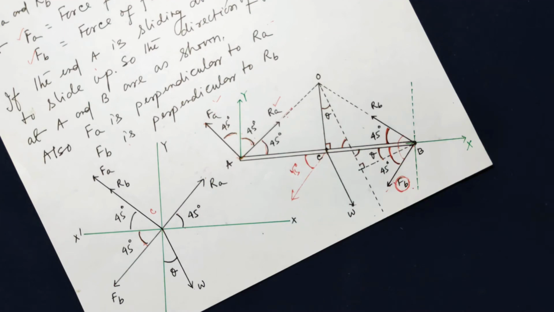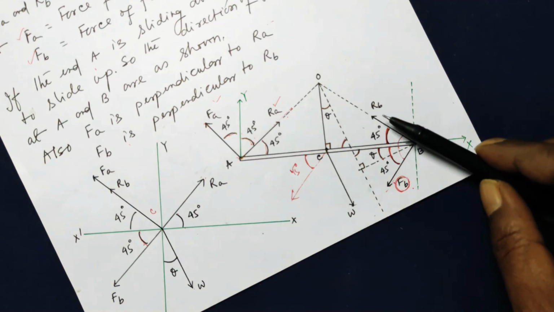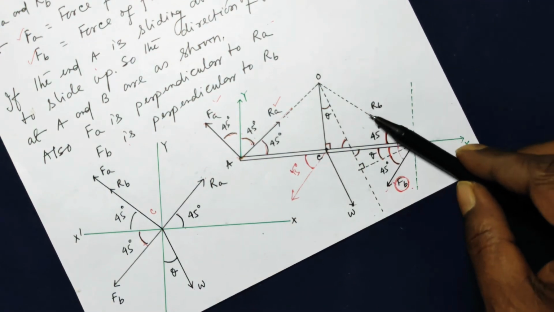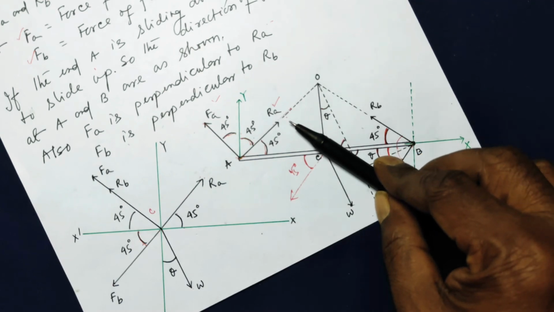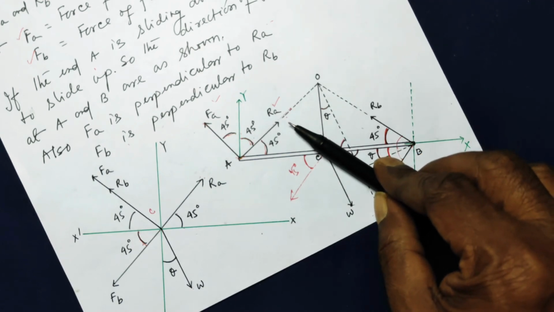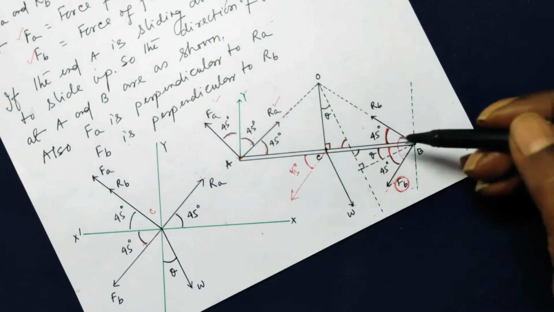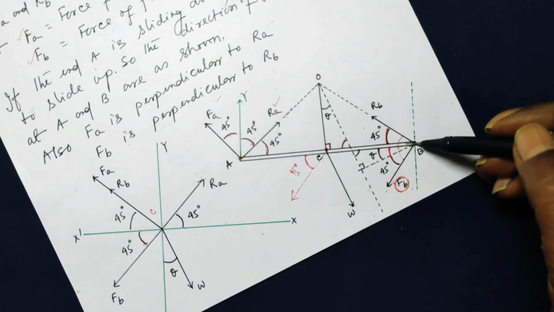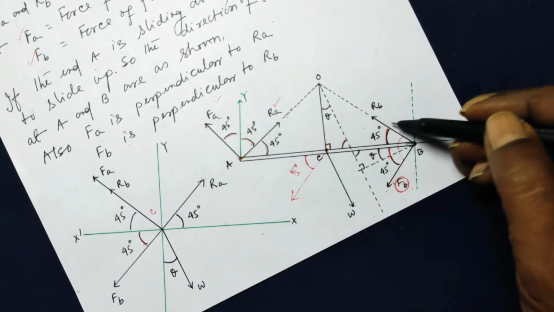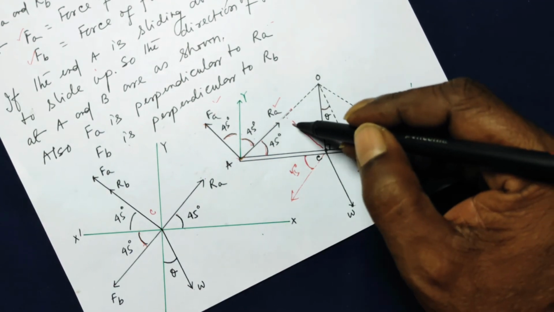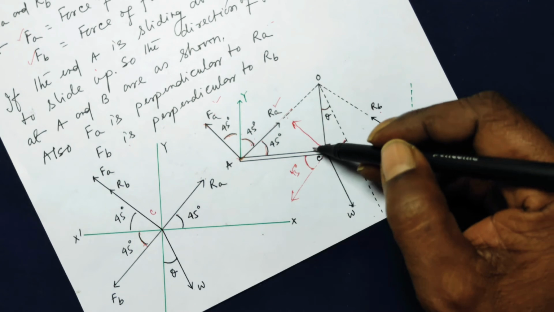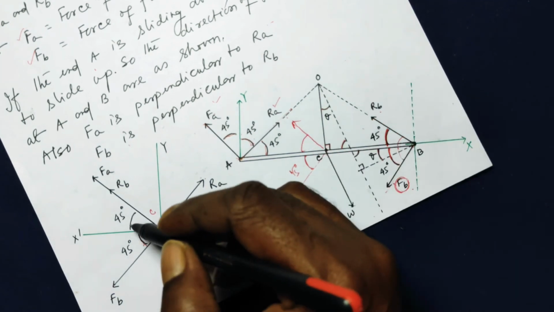Now RB and FA. Similarly, if you shift RB, the reaction force at B, parallel to itself and bring it to point C, RB can be shown here. So this is 45, so this will also be 45.